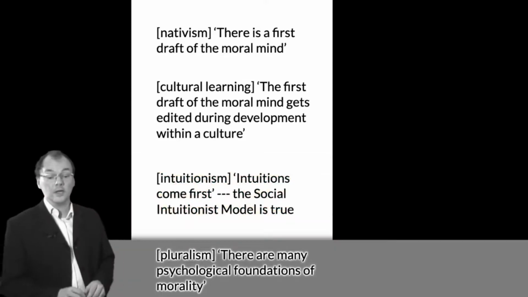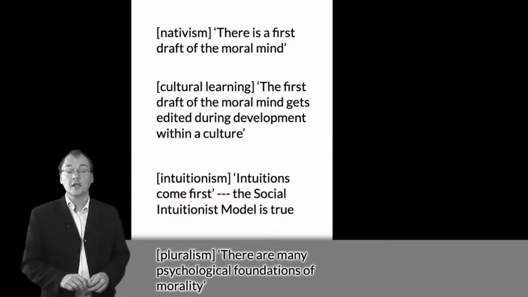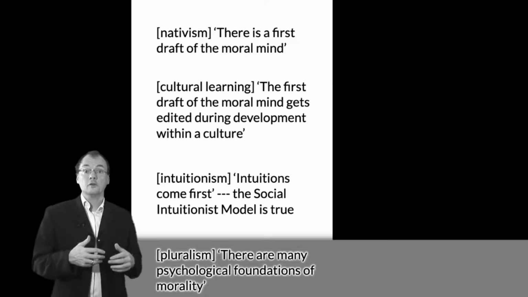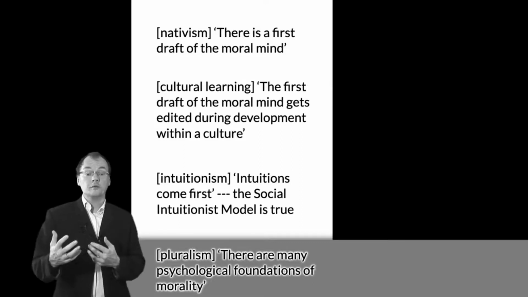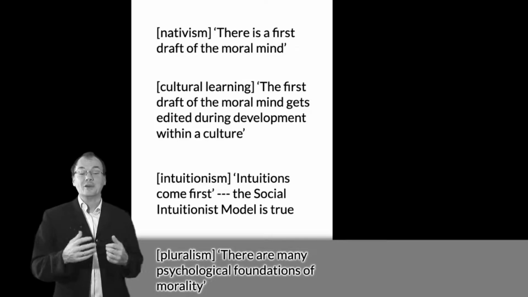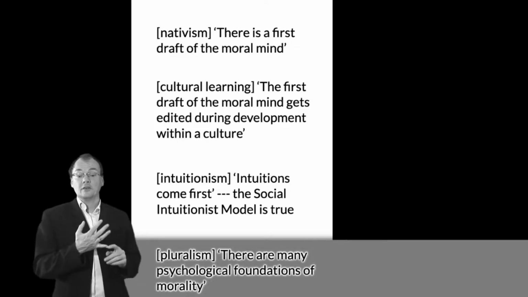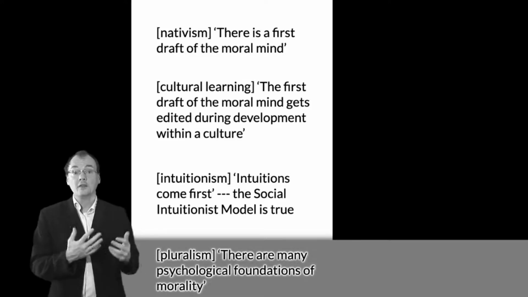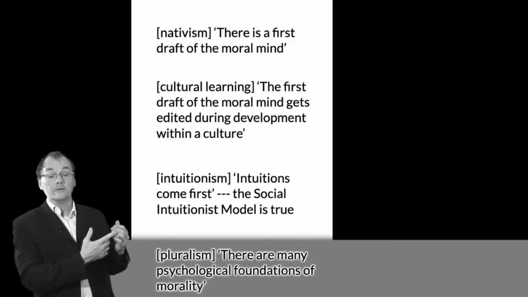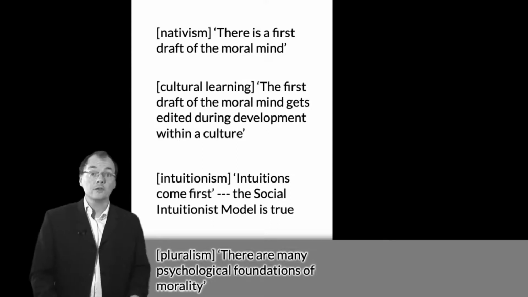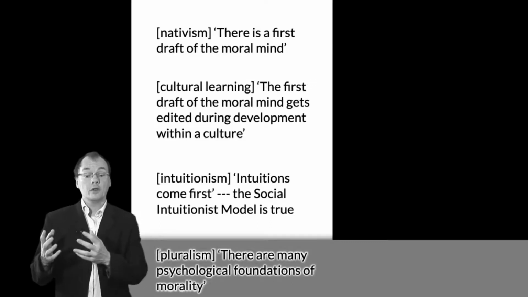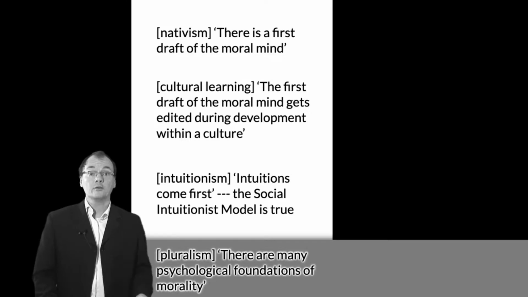So let's take a look at the last claim here, the pluralism. This is just the idea that there are many psychological foundations of morality, so that it's not all a matter of minimizing harm or maximizing fairness or something like that. It's also the case that things like purity, in-group loyalty, respect for authority, and even perhaps libertarian values, respect for property, are moral issues, things that many people in a university like Warwick, coming from socially liberal backgrounds, will find somewhat counterintuitive and perhaps even immoral.